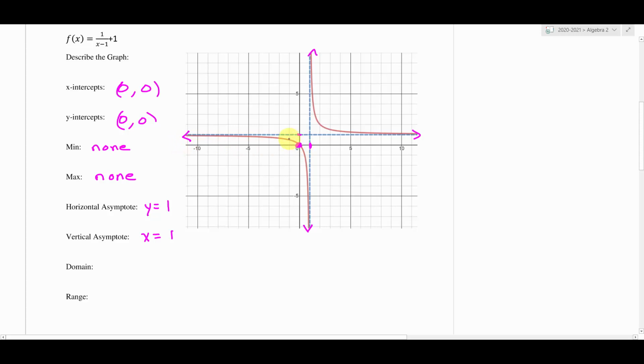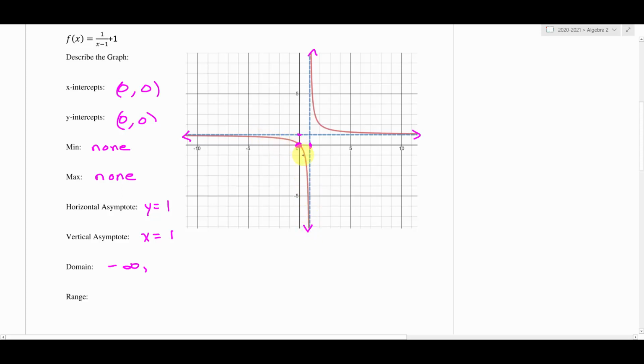So if I track this part of the curve off to the left, and I ask myself, how far left does it go? Well, it never stops, right? So it's going to go all the way to negative infinity. So I'm going to start by writing my domain with a negative infinity. And then I say, if I stay on this particular curve and I head off to the right, how far to the right does this part of the rational function go?